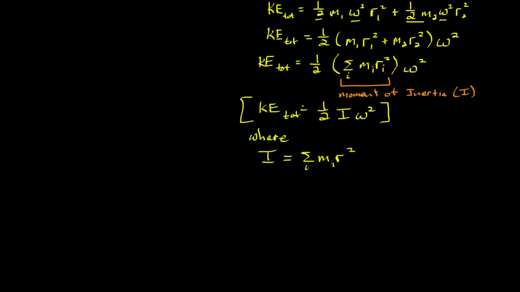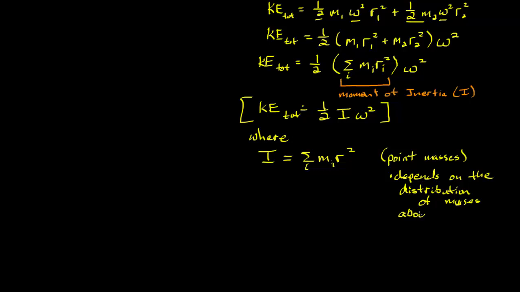Put an i on there. On your equation sheet, you have this one. You have these two. Now, this is only for point masses. And you can see that it depends on the distribution of masses about the axis of rotation.